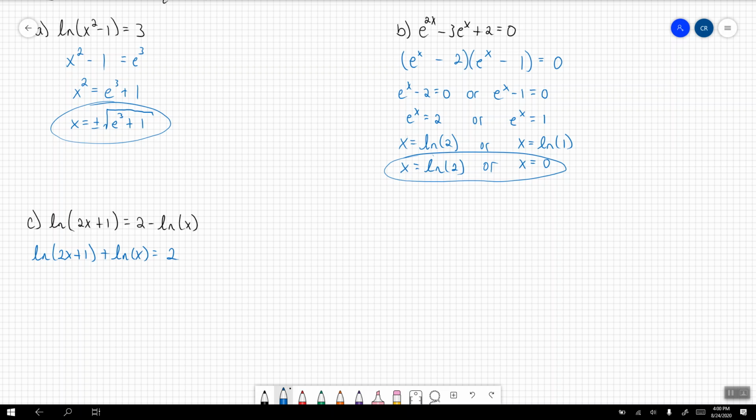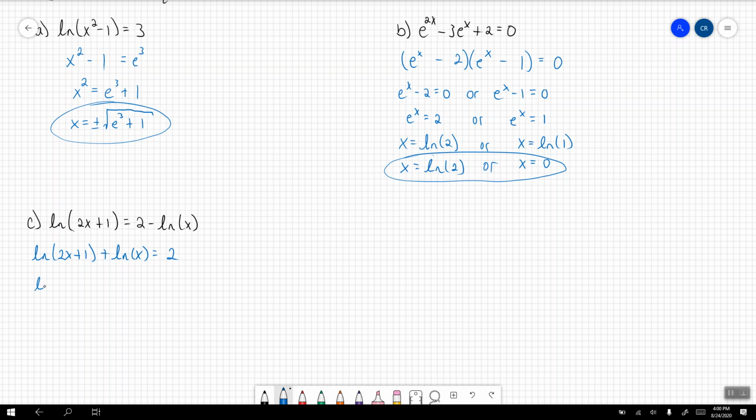as such. When I do this, I can now start looking at the left-hand side of this equation, because on the left-hand side of the equation, I can now see that I can combine these two logarithms. So let's go through and combine those logarithms.